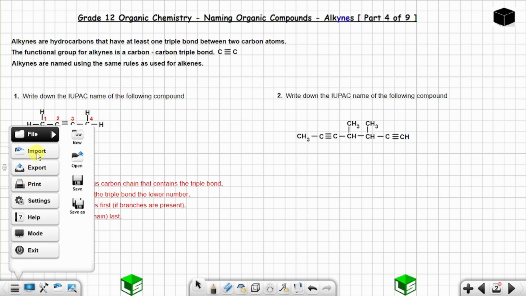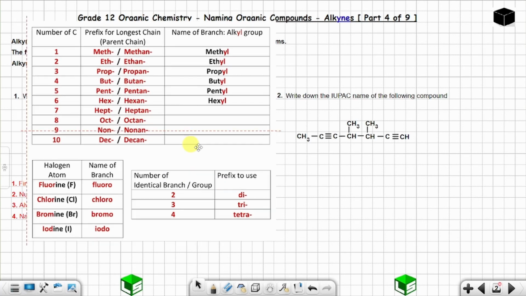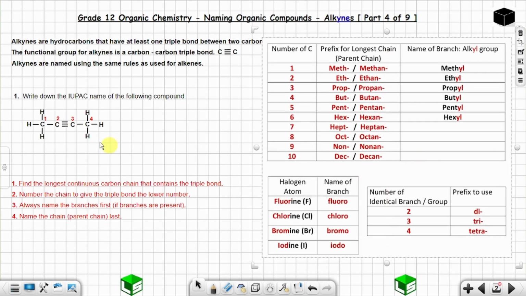You are going to need this table, which you have to memorize. You have 4 carbon atoms in the parent chain, so you're going to use the prefix but. And you have to locate your triple bond. The triple bond is located on carbon number 2, so you use a hyphen, 2, and a hyphen again.